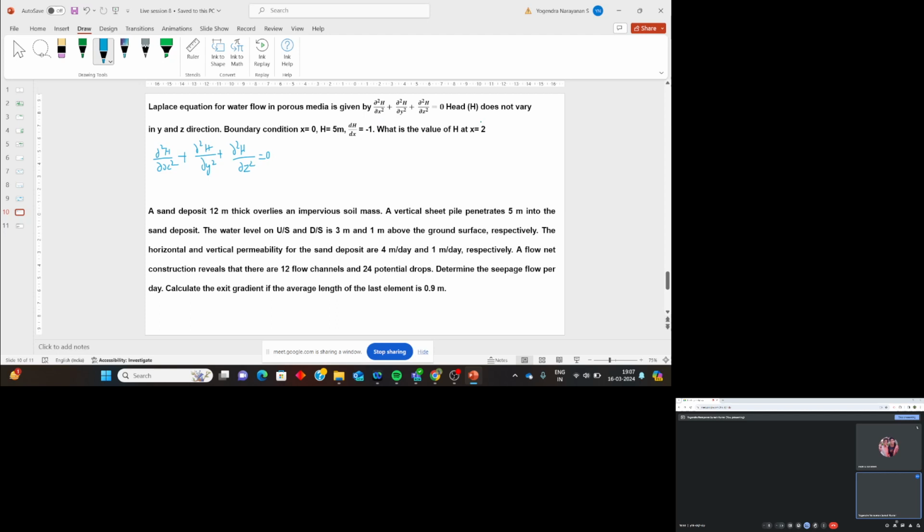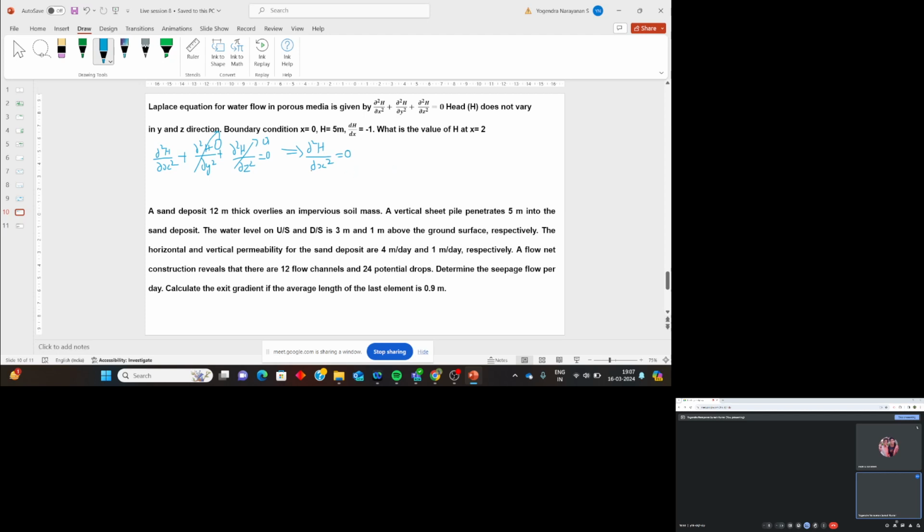Now what they have given is h does not vary in y and z direction. So this will be 0, this will be 0, which will imply dou square h by dou x square is equal to 0.